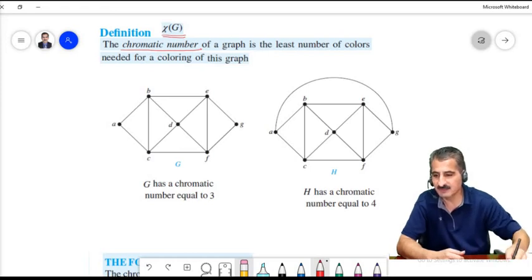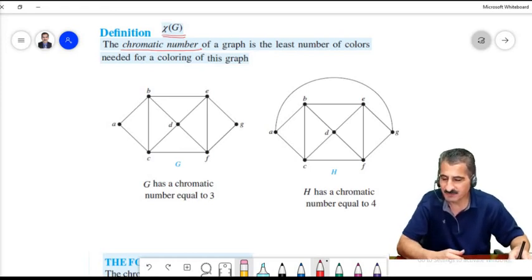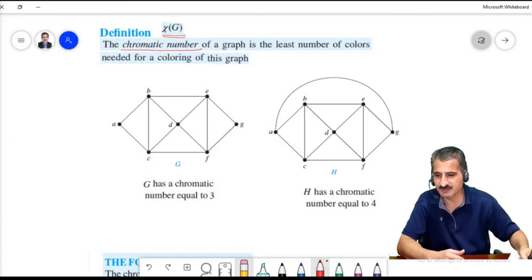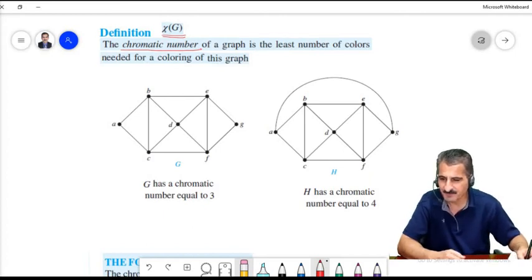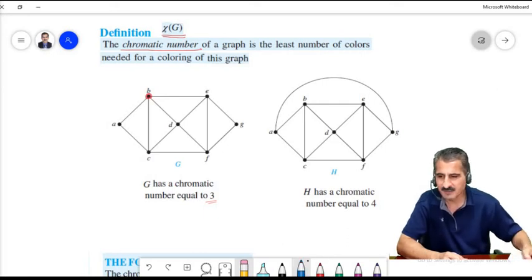Now let's see examples for chromatic number 4 graph G in here. So let's play with coloring. It says the chromatic number is 3, that means 3 colors are enough. So let me play. If I color this red, then I have to color E in a different color than red, and A, because they are adjacent to B. Okay, can I color A with blue?